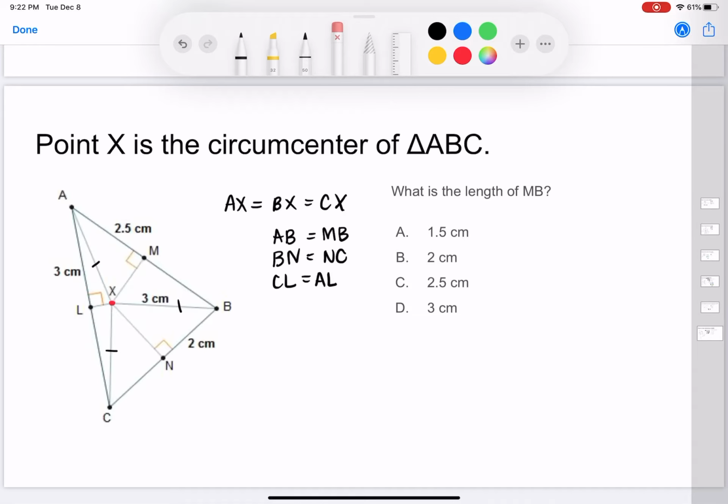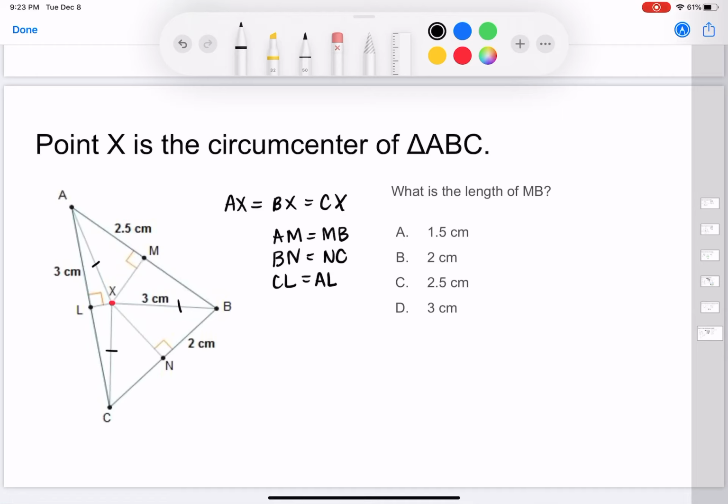So when we're looking for the length of MB, we need to find the length of AM, sorry, that was my mistake. So AM is equal to MB, BN is equal to NC, and CL is equal to AL.